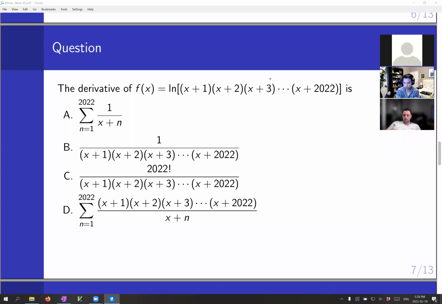Obviously the number 2022 doesn't actually matter here. So as a test taking strategy, do it for x plus 1, x plus 2, x plus 3, and then stop there, differentiate, see what answer you get, and see if that answer shows up.